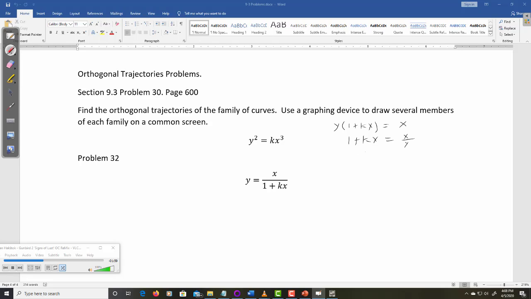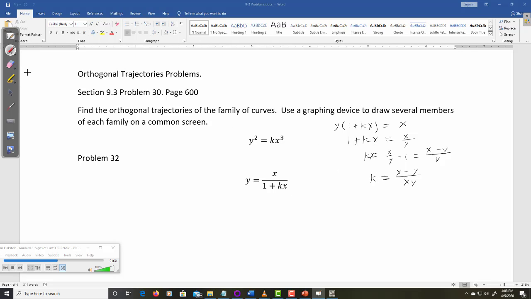Subtract the 1 over. kx equals x over y minus 1, which is x over y, x minus y over y. So kx is x minus y over y, so k is x minus y over xy.